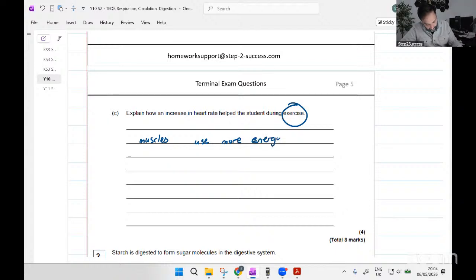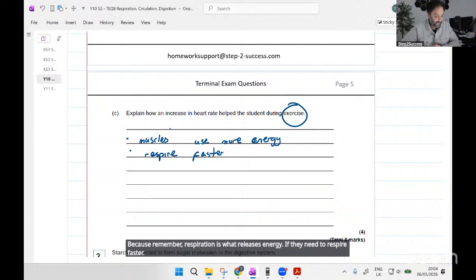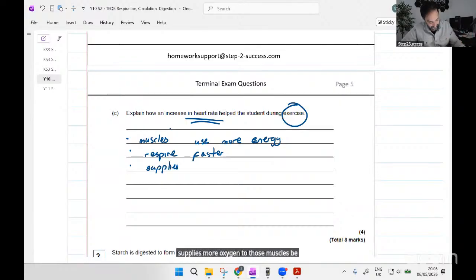If they use more energy, they need to respire more quickly, because remember, respiration is what releases energy. If they need to respire faster, they need to be supplied with more oxygen. So a faster heart rate supplies more oxygen to those muscles because it's beating harder and faster.